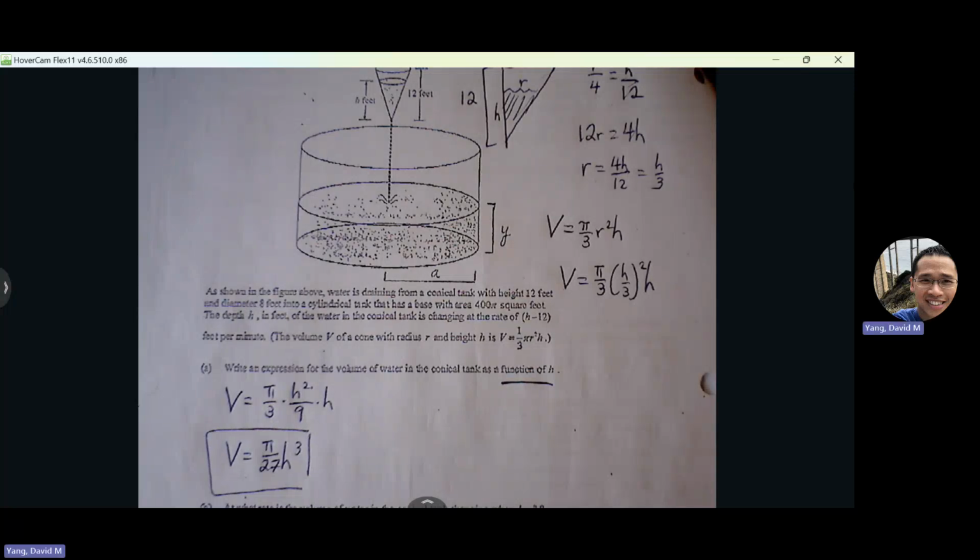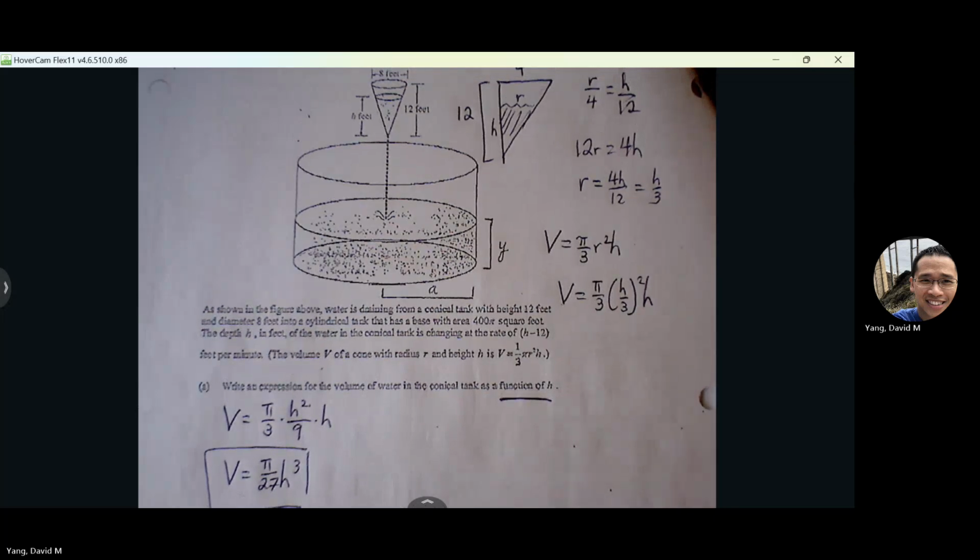So this problem is just kind of helping us step through our problem here. So it wants us to get our volume equation ready for the derivative before it asks us to do anything with the derivative for part B. So now, any questions with part A?